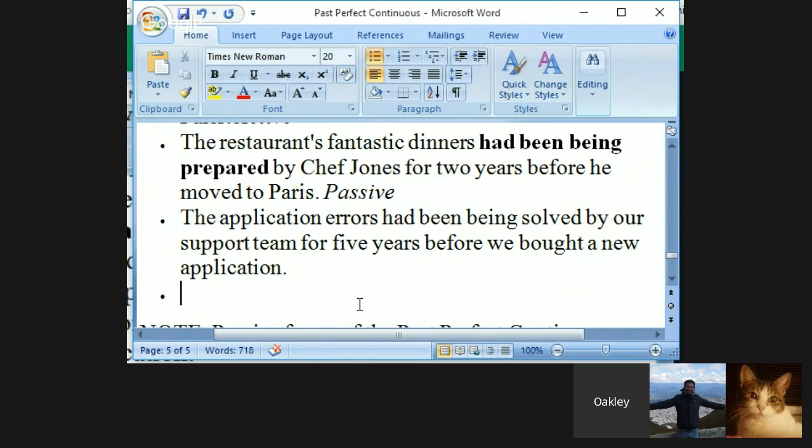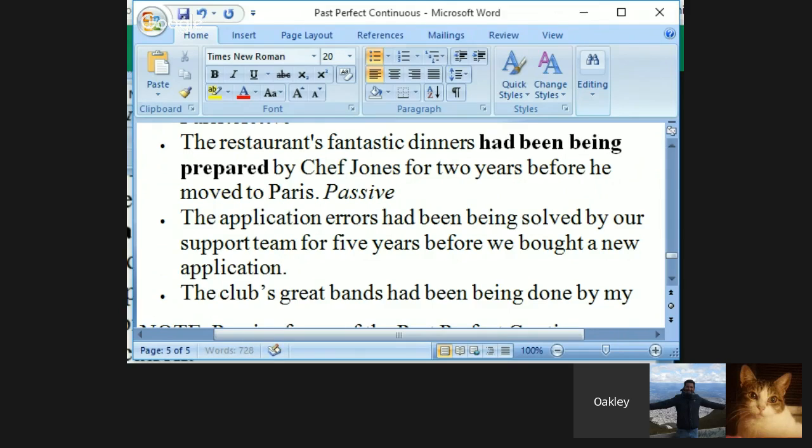The club's great events had been being done by my mother for 1 year before she was fired by her boss.